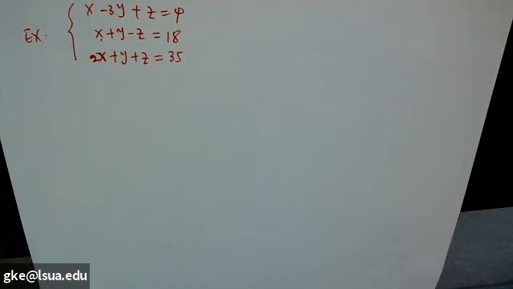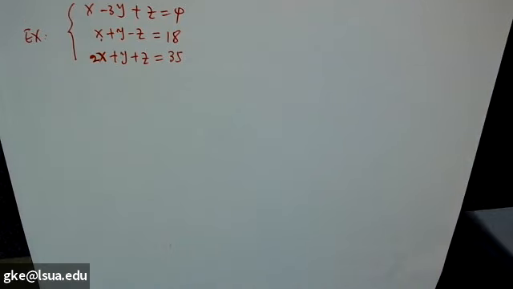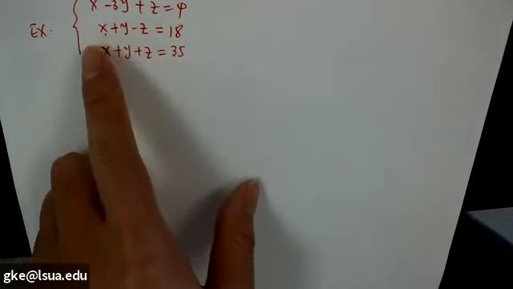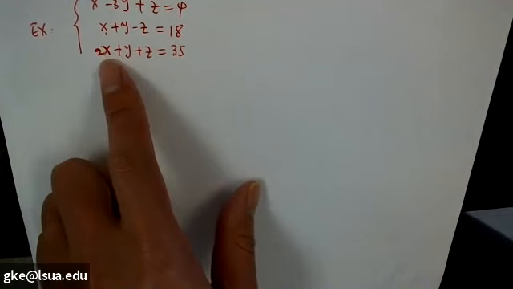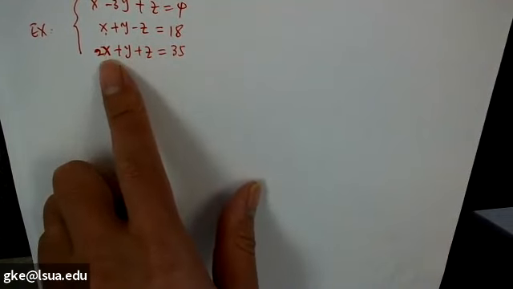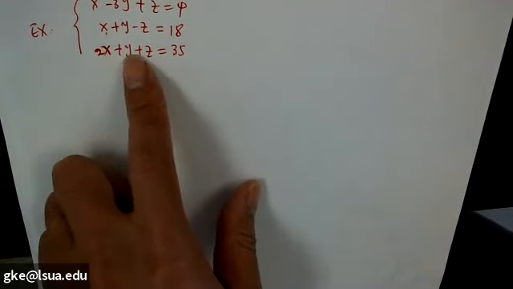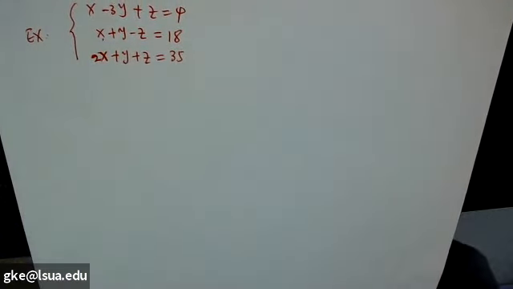Follow the way I show you in the first example. The first step, eliminate the x in equation 2 and 3. And then eliminate the y variable in equation 3. Then you can use back substitution, right?